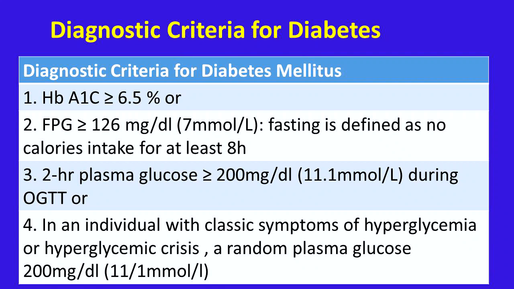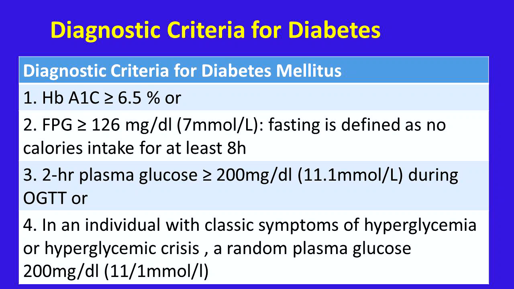So now, finally, what's the diagnostic criteria for diabetes? We should memorize this. For any person who has hemoglobin A1C more than 6.5%, or a fasting blood glucose level more than 126 milligram per deciliter, or 7 millimole per liter, where fasting is defined as no calorie intake for at least 8 hours.